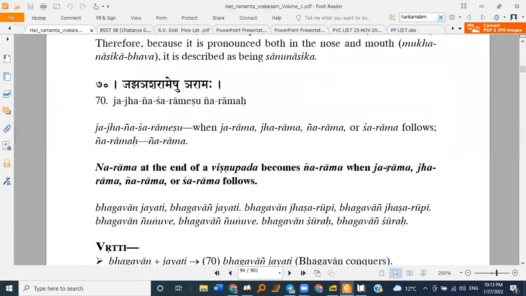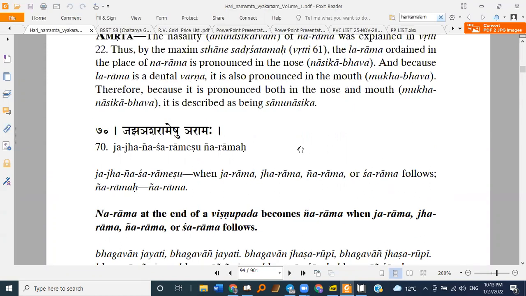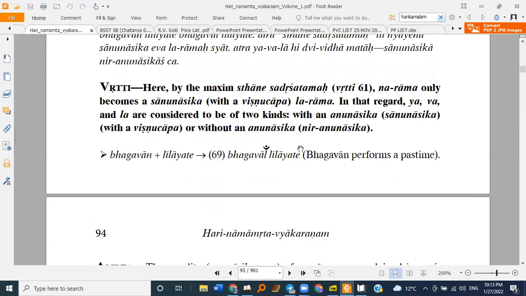Prabhu, just one question. When we refer to that shloka Shraddhavan Labhate, in Devanagari there is a Vishnu chapa. So Jīva Gosvāmī also mentions this, that Na Rama only becomes a Sanunasika.